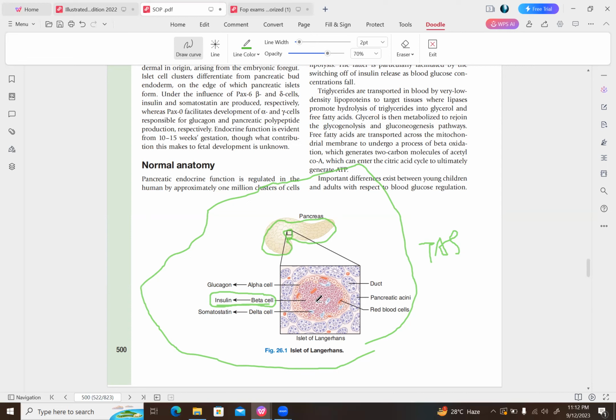In between, this portion is the beta cells. Outside are the delta cells, and most outside are the alpha cells. These blue are the delta cells, these orangish are alpha, and this pink is the beta cells. Beta cells give insulin, alpha cells give glucagon. The action of glucagon is opposite to that of insulin, and delta cells give you somatostatin.